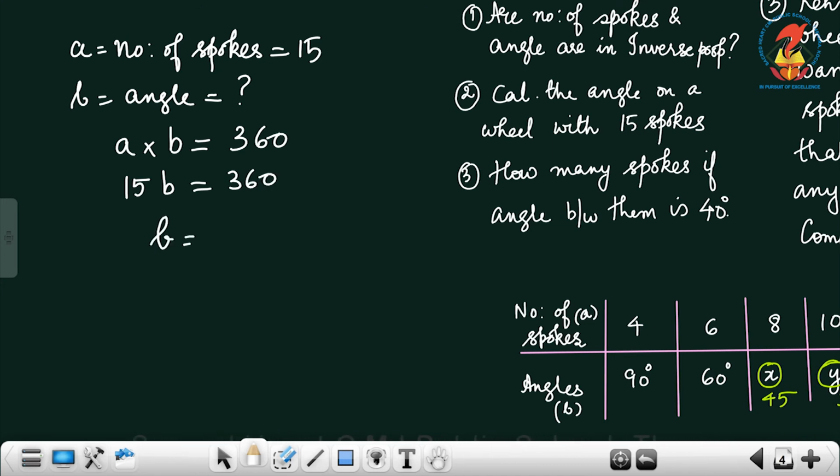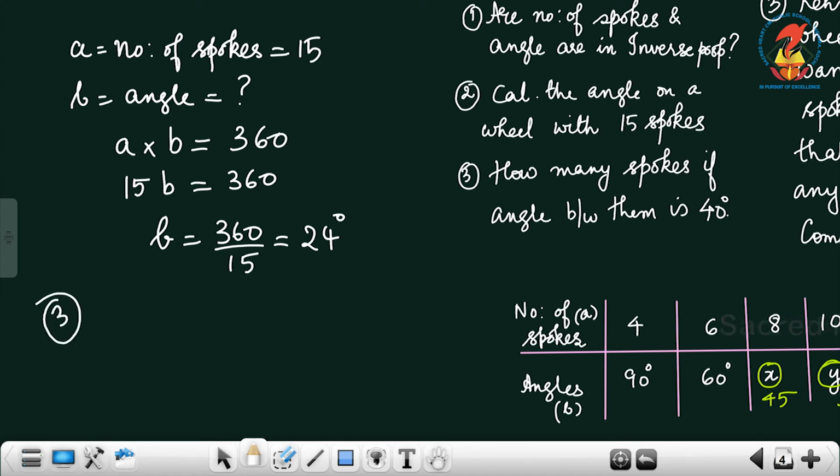So what will be B here? 360 by 15. In your working column, quickly find out what is 360 by 15. It will be 24 degrees. So when there are 15 spokes, the angle between each will be 24 degrees.